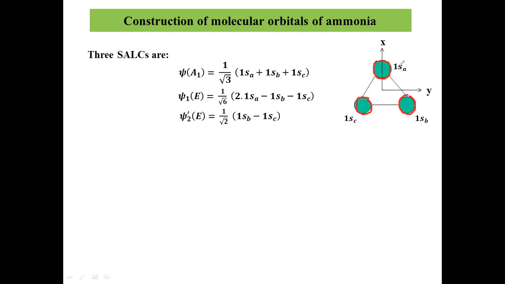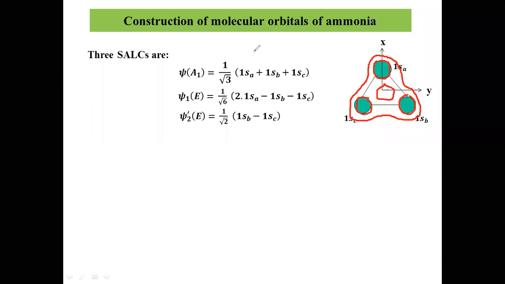The resultant is going to be something like this. I'm drawing it with the contour like this. So this is going to be the SALC of A1 type. I hope you will agree with that.